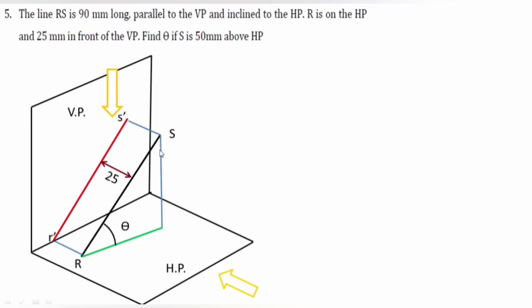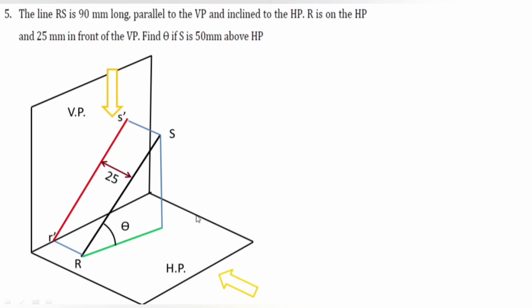Total length of the line and the height of S from HP are given to us. We need to find theta, and R and S have the same distance from the VP, because the line is parallel to VP but inclined to HP at some angle. I also need to draw the projection of the line.